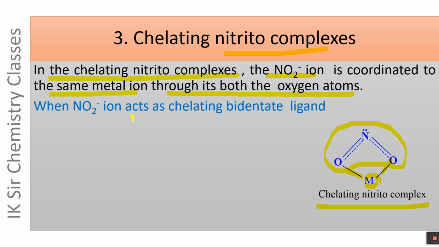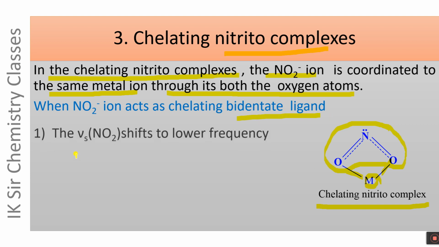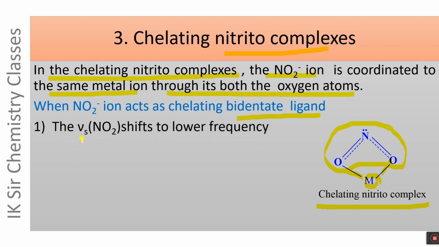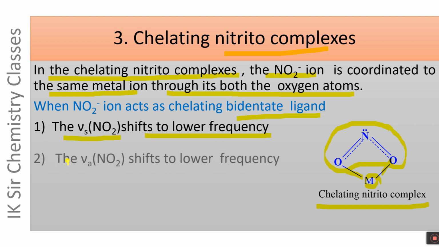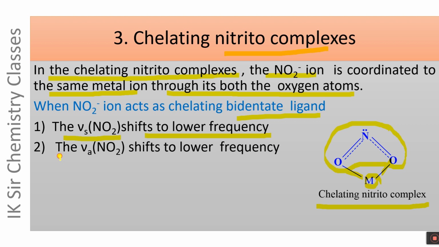When the NO2 minus ion acts as a chelating bidentate ligand, the absorption band due to symmetric stretching of NO2 shifts to lower frequency. The absorption band due to asymmetric stretching of the NO2 group also shifts to lower frequency.